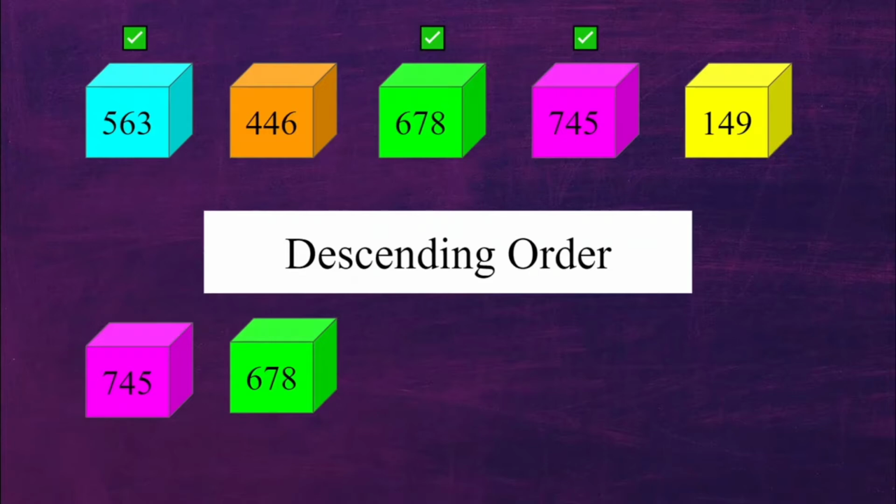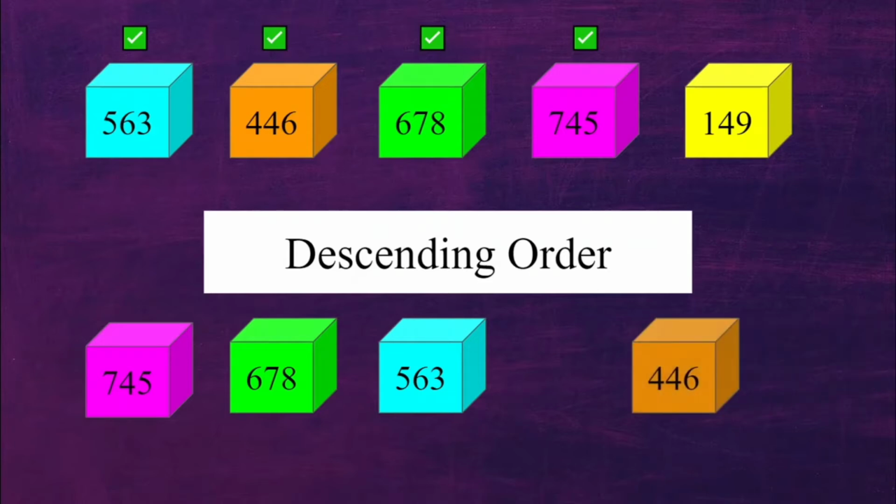So we will arrange 563 after 678. Now we are left with 2 boxes. Which one is the largest among the 2? Yes children, it's 446.